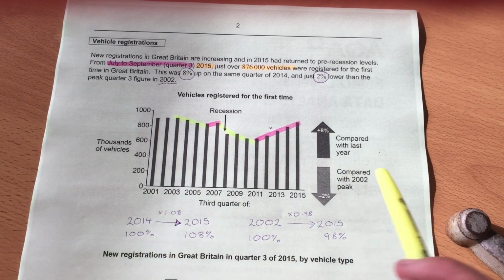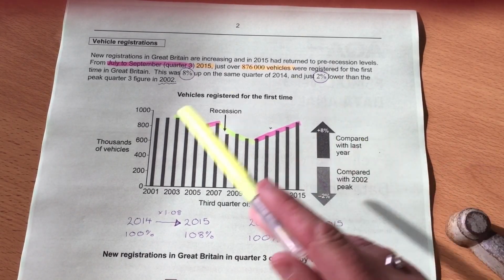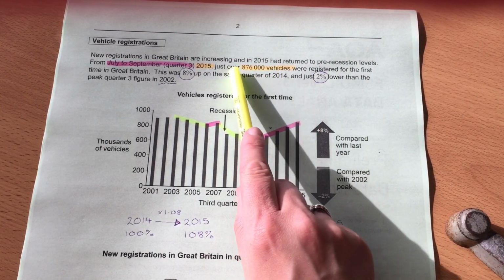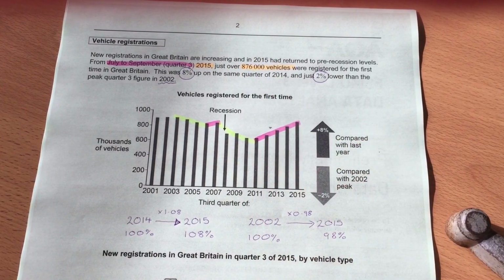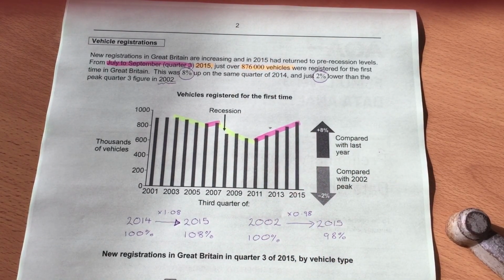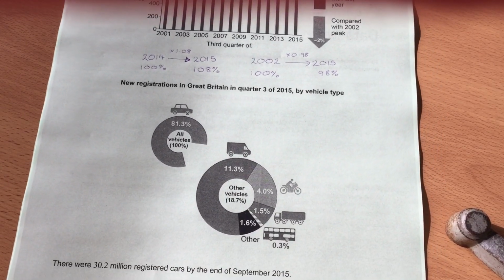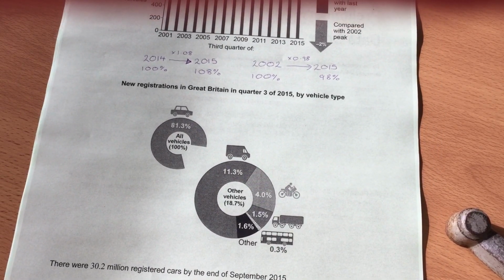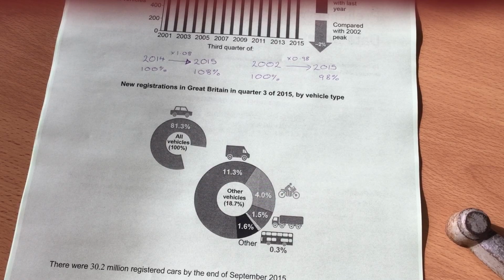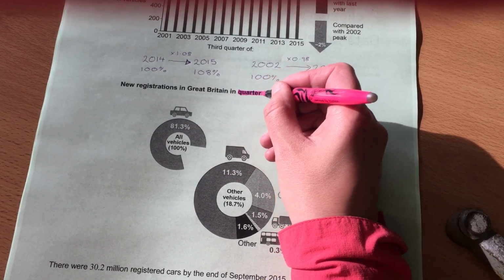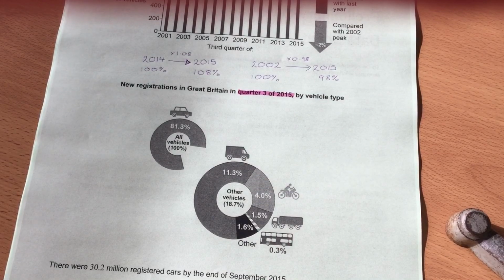So if we take some of the useful information from this section, this number here is going to be the one that we then have to move into the second half. So this second half is only telling us about the Q3 of 2015.